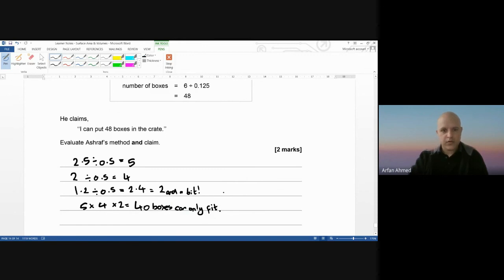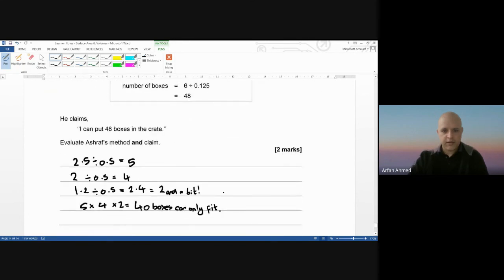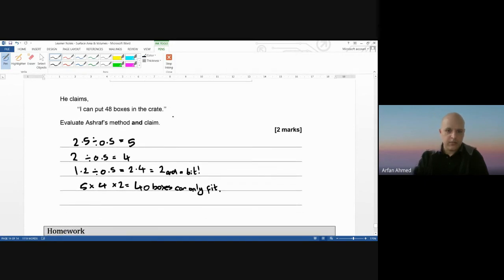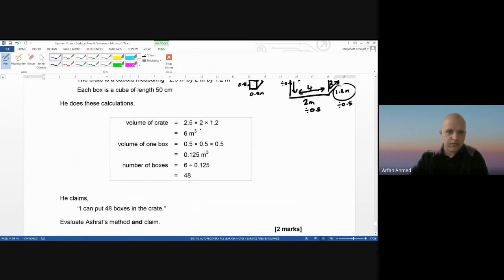So he's wrong. Evaluate Ashraf's method and claim. You have to say he did it this way, but he can't use that.